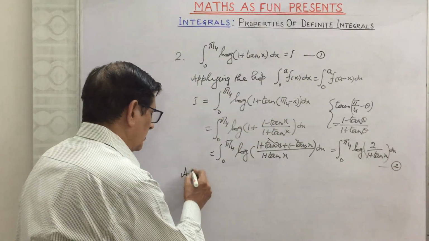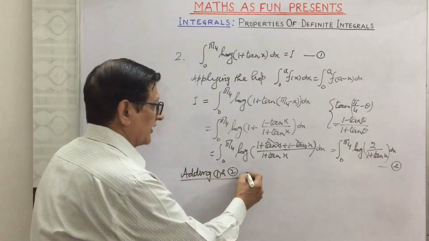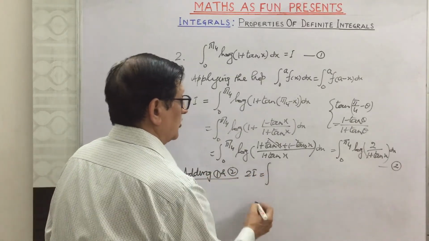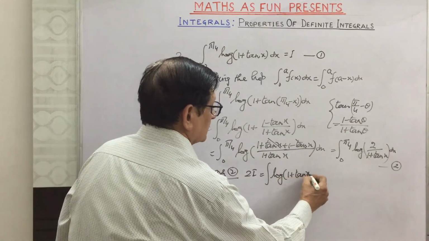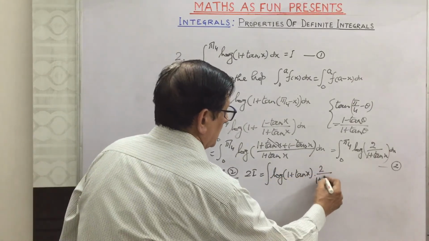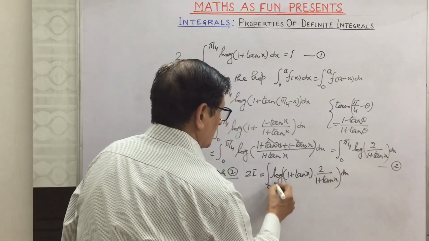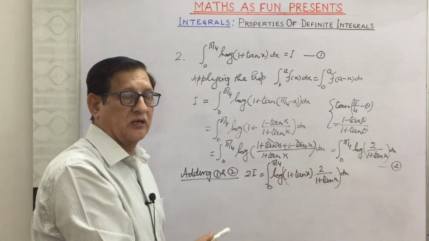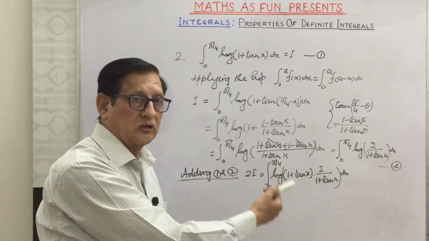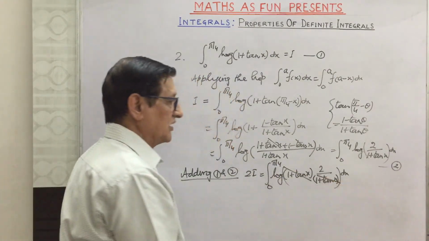Adding 1 and 2, we will get 2I equal to log of (1 plus tan x) into 2 upon (1 plus tan x). The limit is from 0 to pi by 4. How has this come? Because we know log m plus log n is log of m into n.